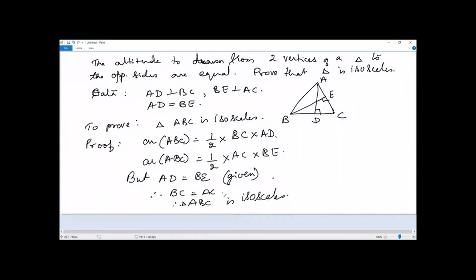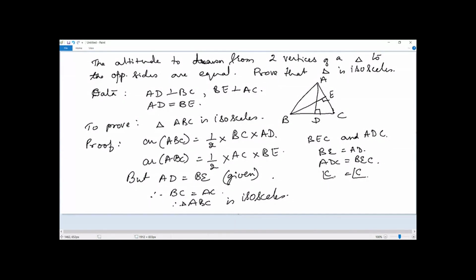Very good. Good answer. See, supposing we take BEC and ADC: BE equal to AD, angle ADC equal to angle BEC, C equal to C common. Can we prove the two triangles are congruent?